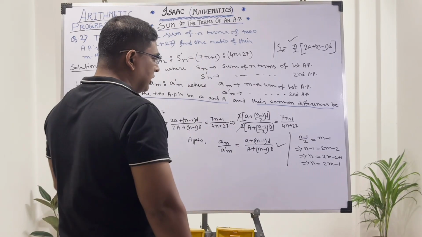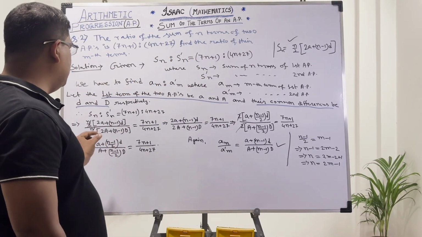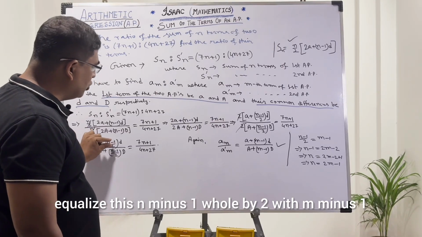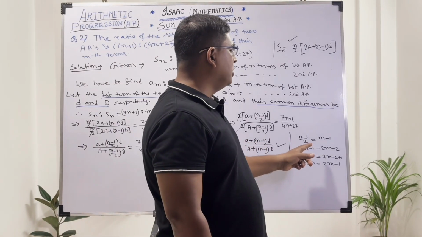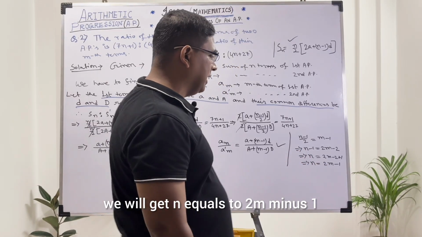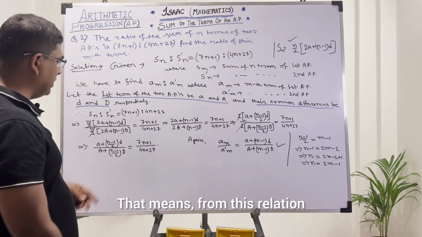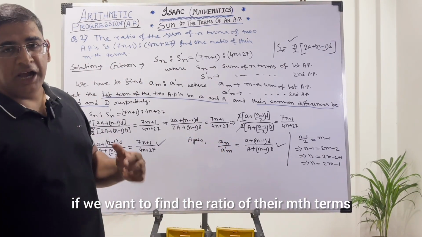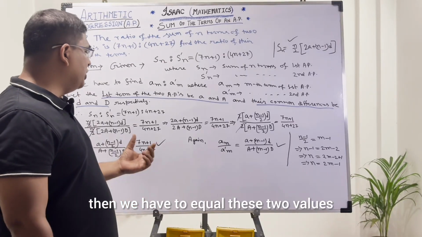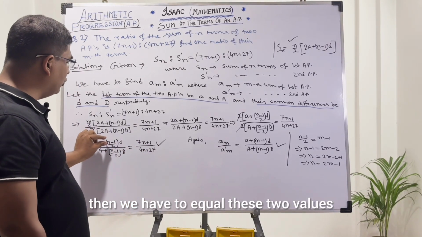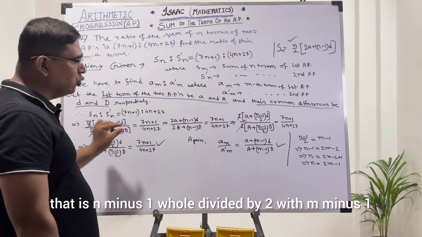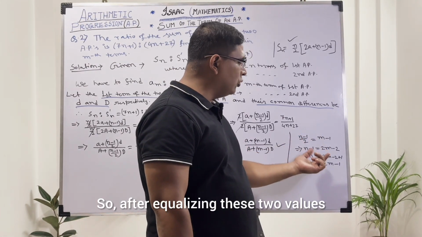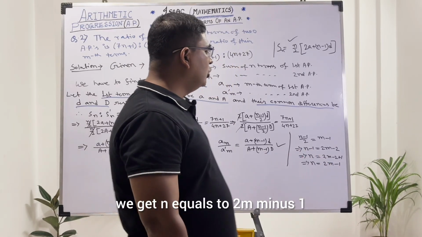Now, if we equalize this n minus 1 whole by 2 with m minus 1, we will get n equals to 2m minus 1. That means from this relation, if we want to find the ratio of their mth terms, then we have to equal these two values, that is n minus 1 whole divided by 2 with m minus 1. So, after equalizing these two values, we get n equals to 2m minus 1.